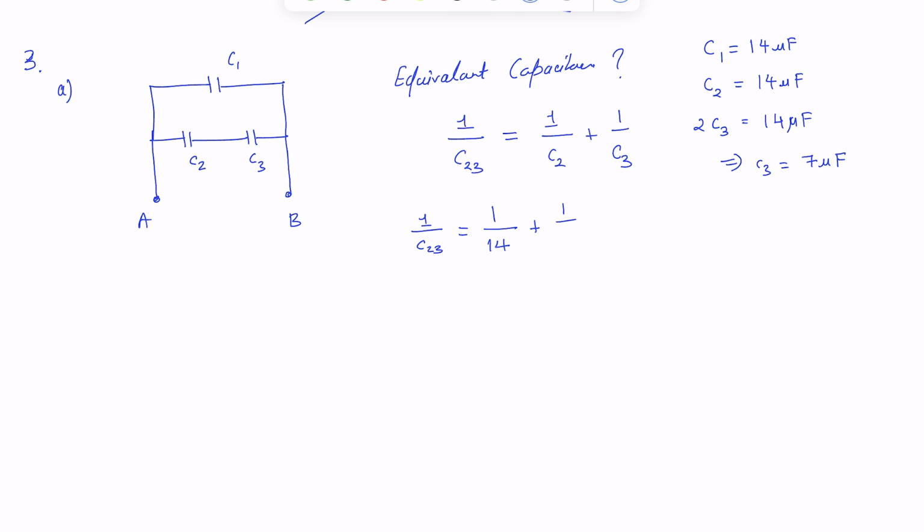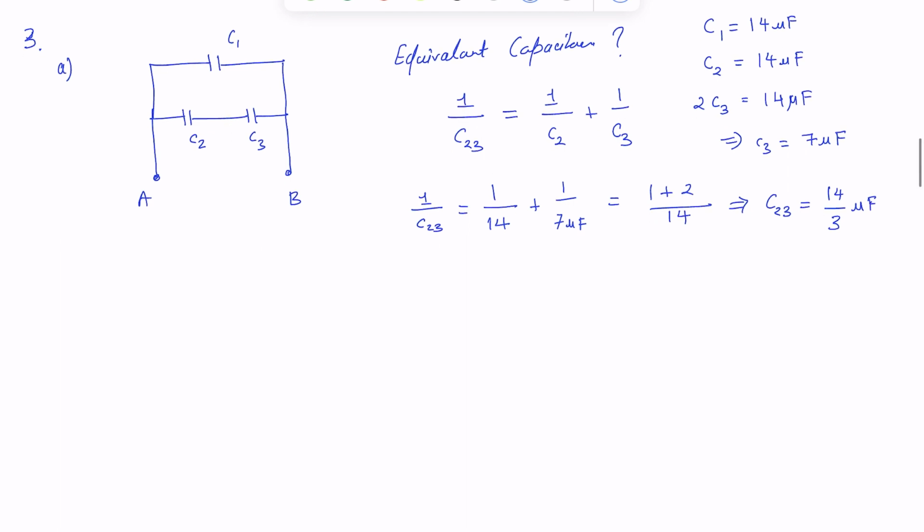C3 is 7 microfarads, so if you take the LCM, you get 1 and then 2, and this, when solved, will give you C23 equal to 14 over 3 microfarads.